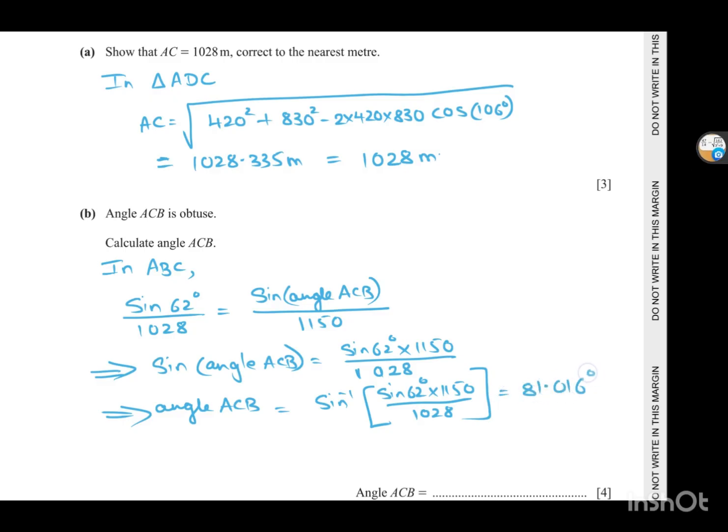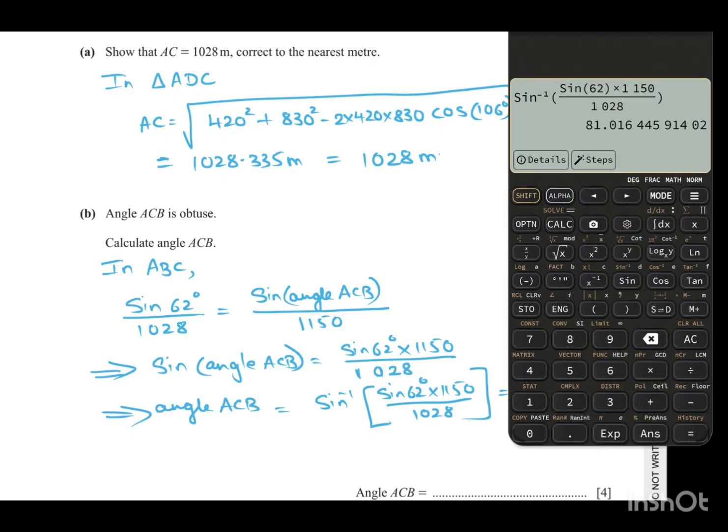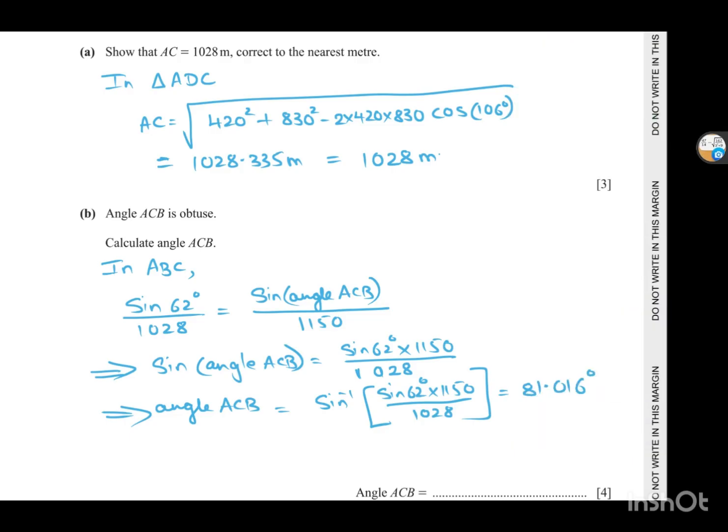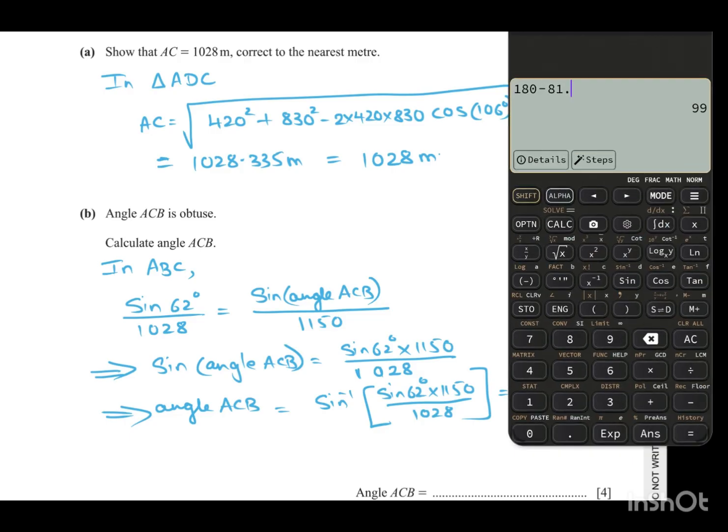81.016 degrees, but they gave us that it is an obtuse angle. So 81.016 is not an obtuse angle. In that case, we need to subtract this from 180. So 180 minus 81.016, we get 98.984.